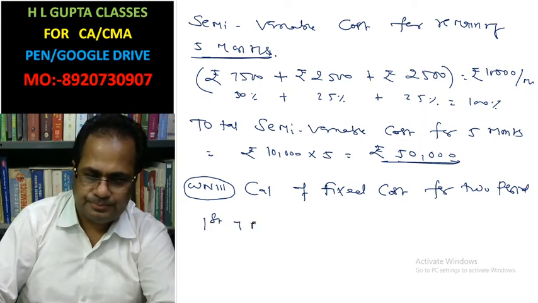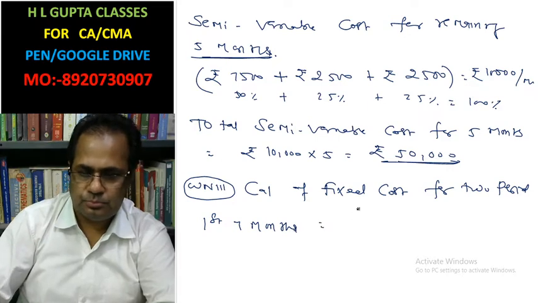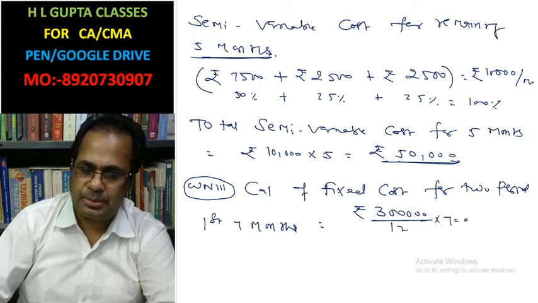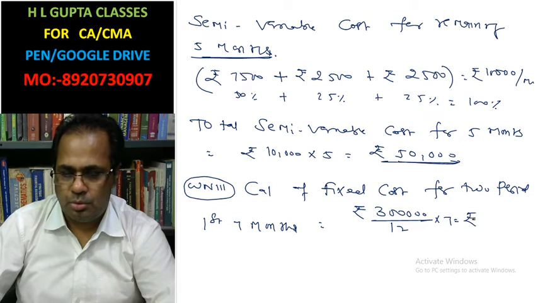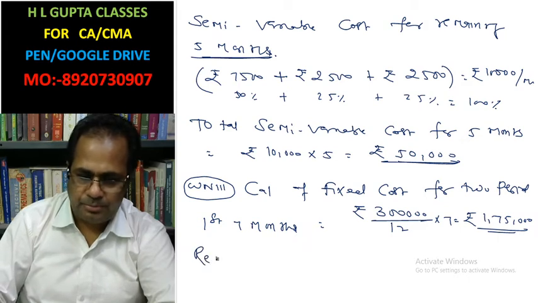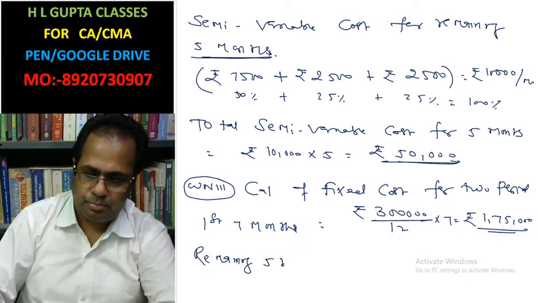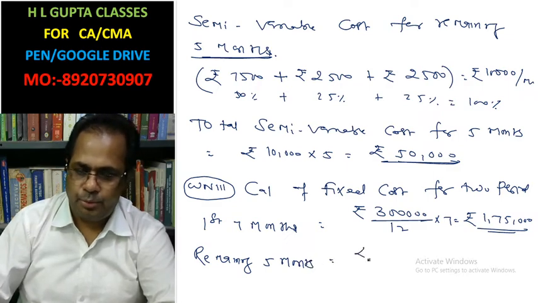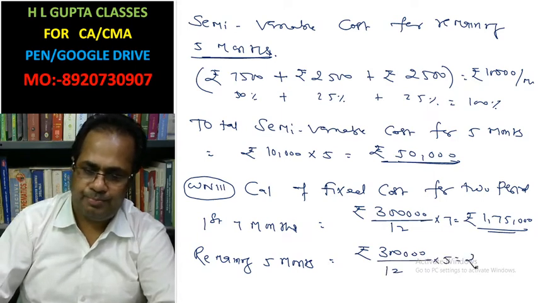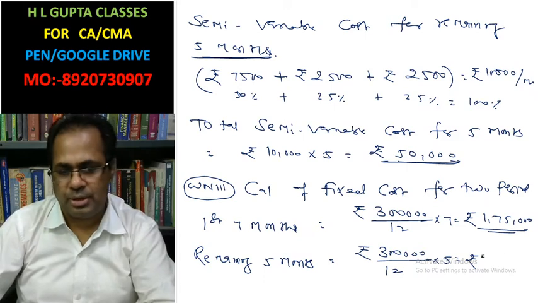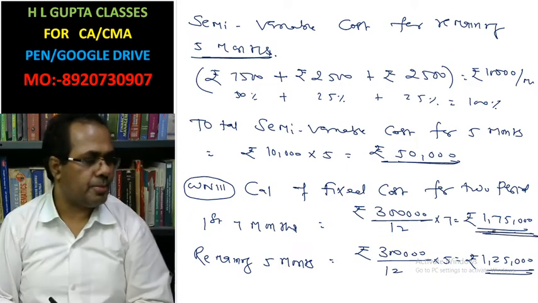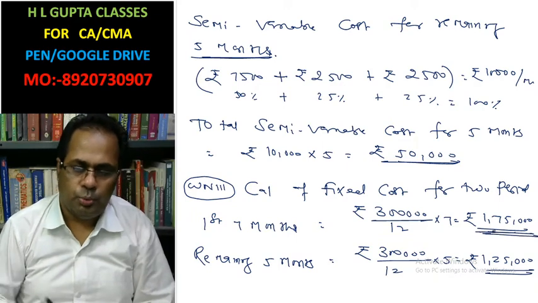For the first 7 months, rupees 3 lakh for the whole year divided by 12 gives one month, times 7, which is 1,75,000. For the remaining 5 months, 3 lakh divided by 12 into 5 is rupees 1,25,000.